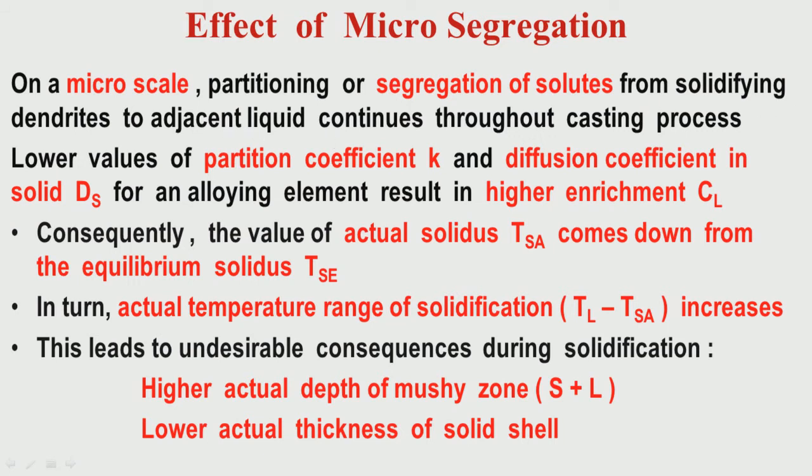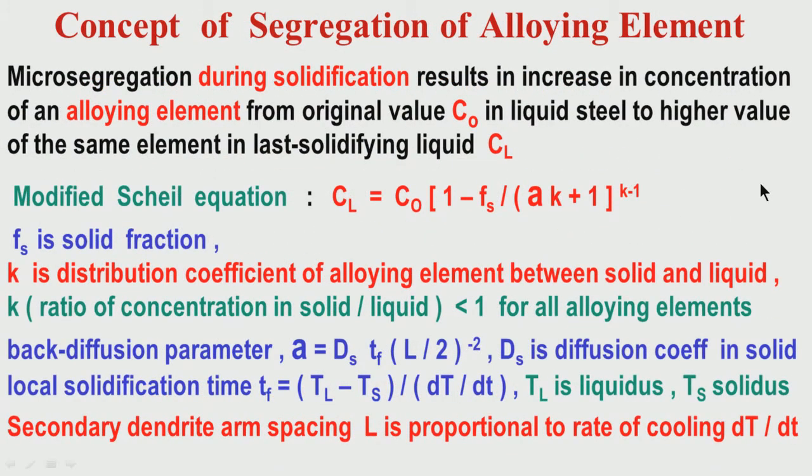Now, as I was telling you, lower values of this partition coefficient k, what implication does it have? And if the diffusion coefficient in solid is low, then what happens? As I was discussing from this relation, look at the figures. If you have small k, that means k almost coming towards 0, that means less than 1, k is always less than 1, but the lower the value of k, you have more segregation.